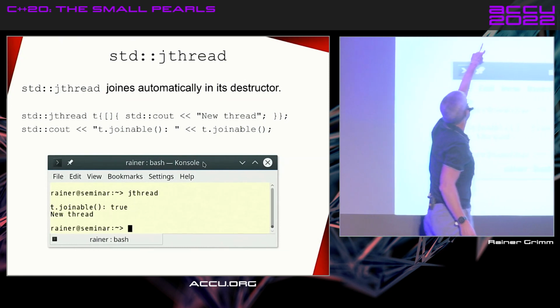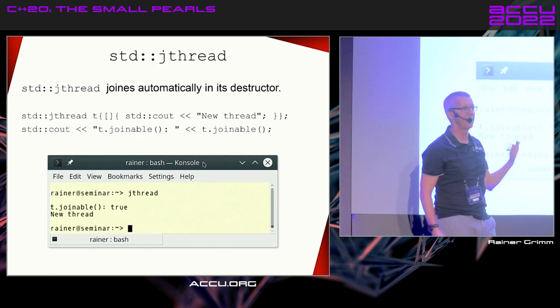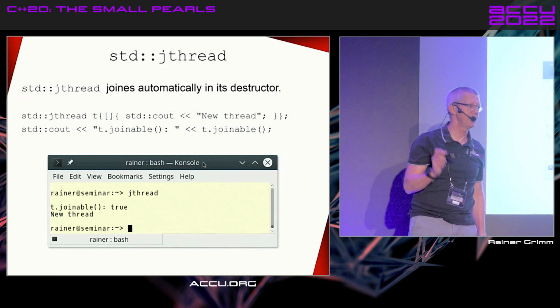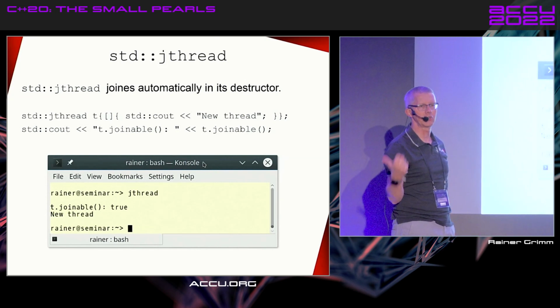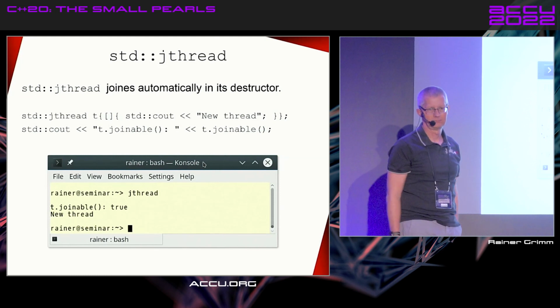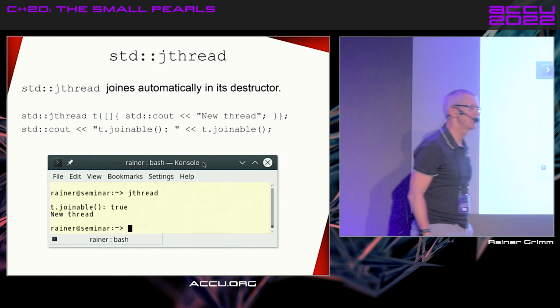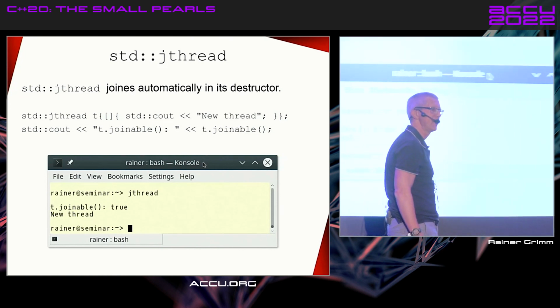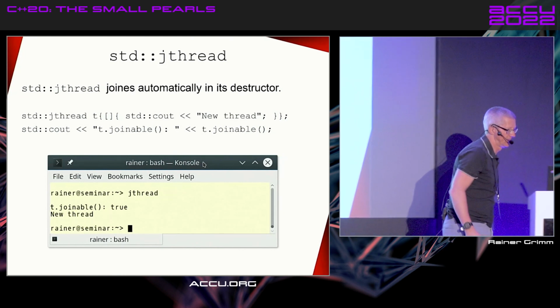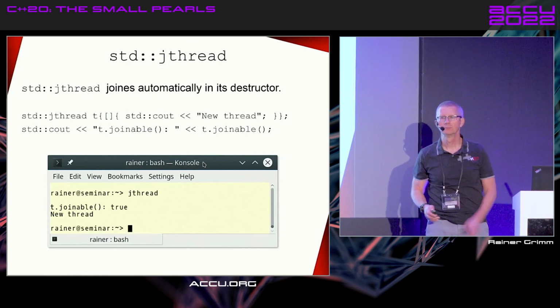This means when this jthread goes out of scope, meaning t is a local, and the thread is still joinable, therefore no one called so far join or detach, it's automatically joined in its destructor. So you cannot forget to join it. It just lives as long as the scope of this small t.